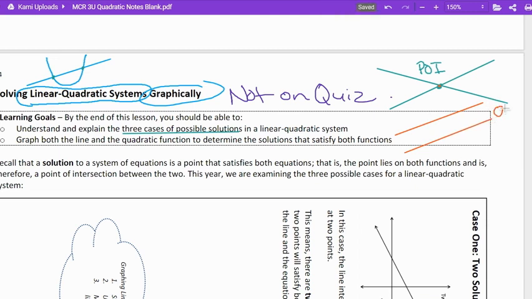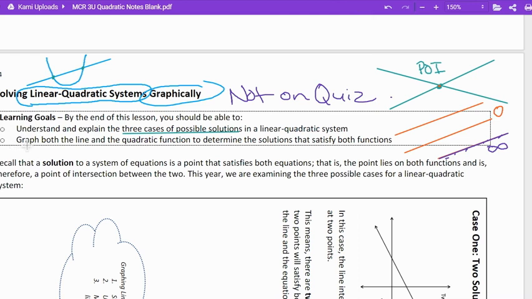You're right, 0. And then there was the situation where 2 lines were coincident, meaning they were literally on top of each other. And in that case, there was an infinite number of solutions because they intersected at an infinite number of points. So let's see what the situations are for a linear quadratic system. So that's the first learning goal for today.